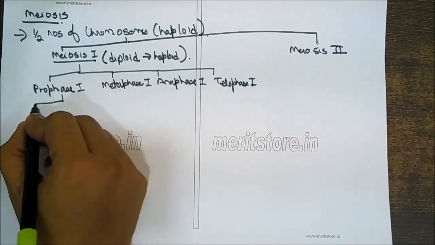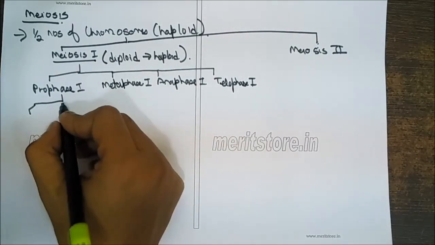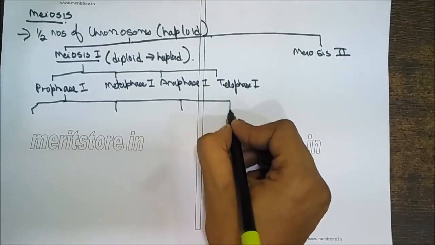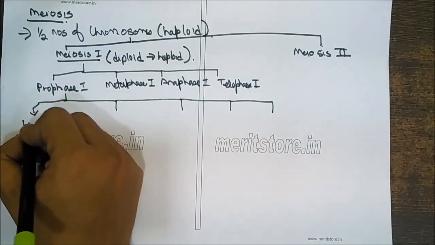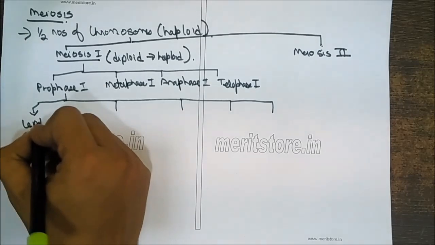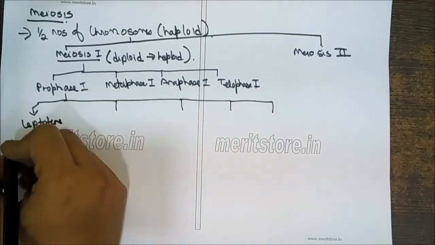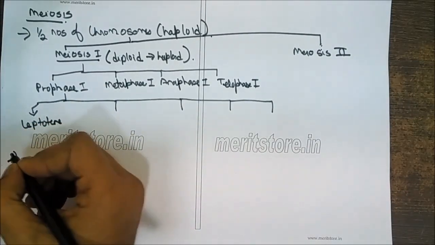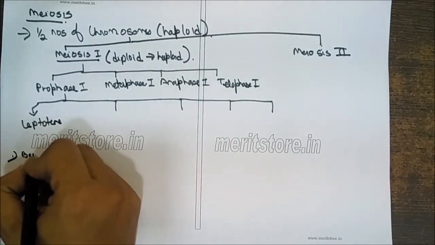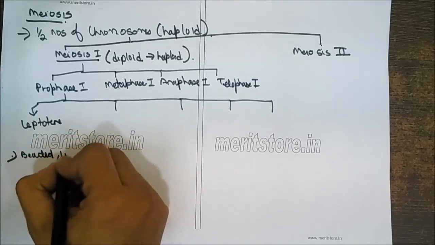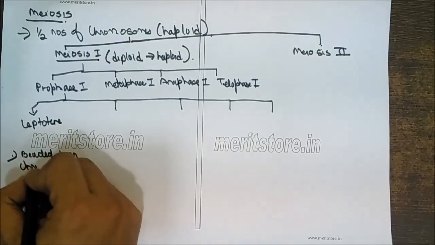Prophase is further complicated and is divided into 5 different stages. The first stage is called leptotene. Here, beaded and long chromosomes are formed.